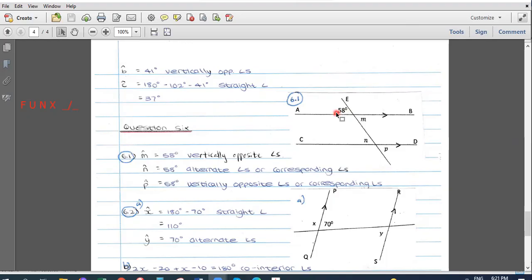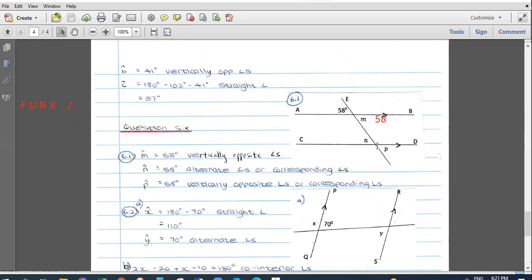So we look at 58 degrees and M, they form an X, which means angle M is equal to 58 degrees, and your reason is vertically opposite. There's your X, vertically opposite. Now, once you have M to be 58, it is good to actually write the values down when you have worked them out. So M is 58.